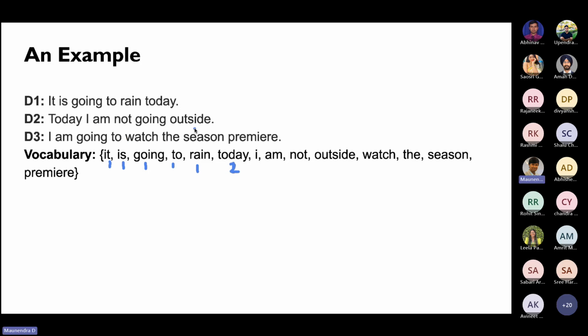Similarly, for I, it's a new word. First time it is occurring in this one. I store I with a document frequency of 1. Now suppose the next words, not, am, not, all these things will go like this. And suppose here we have another term called today. Today is appearing 2 times. So, today.